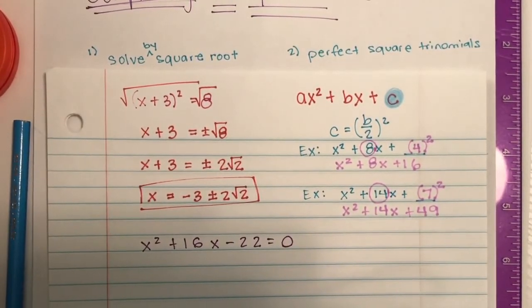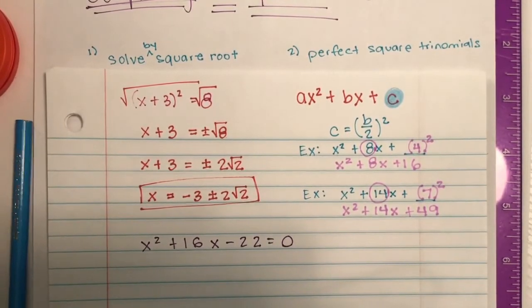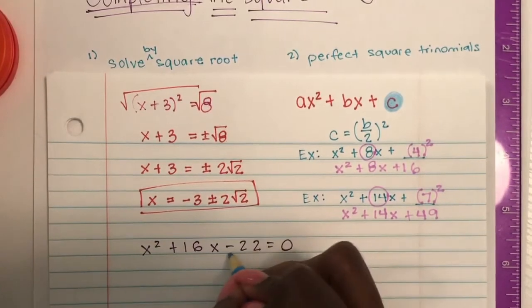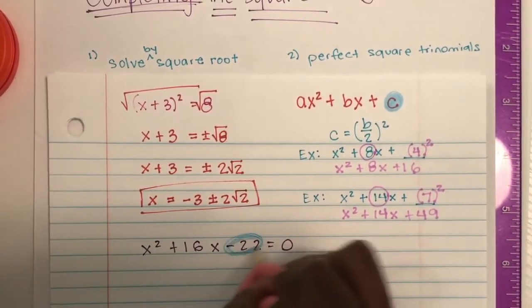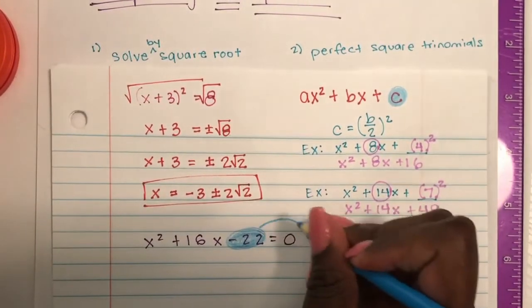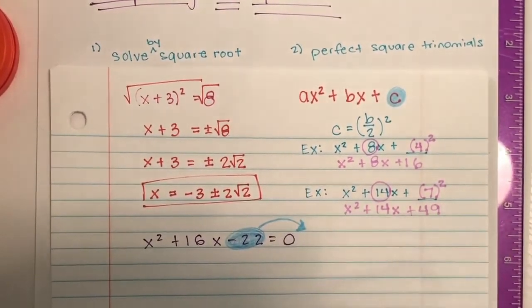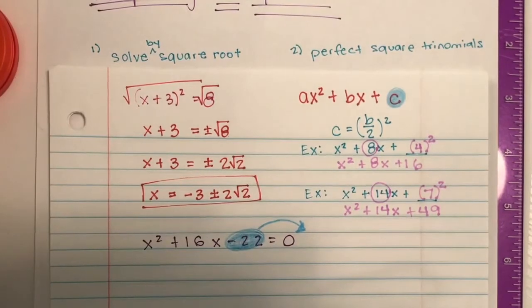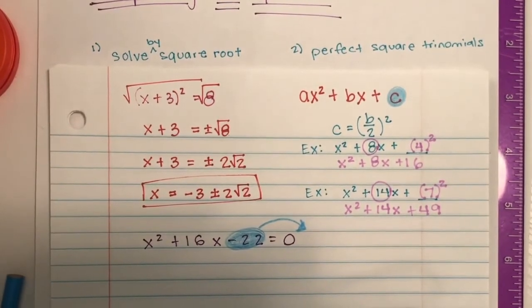So your first step with completing the square is you always want to move the constant. Remember earlier we said c was the constant. You always want to move the constant to the other side of your equation. Okay? And I like to keep my variables on the left side always if I can.